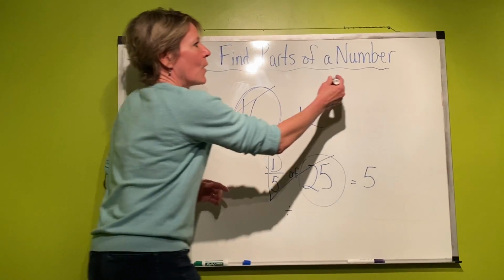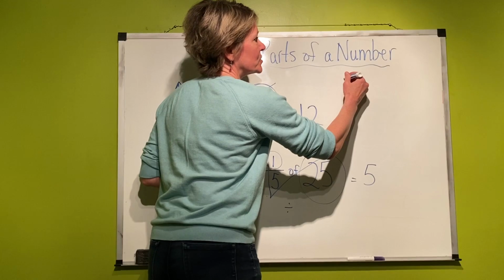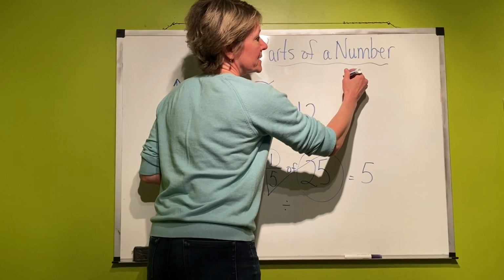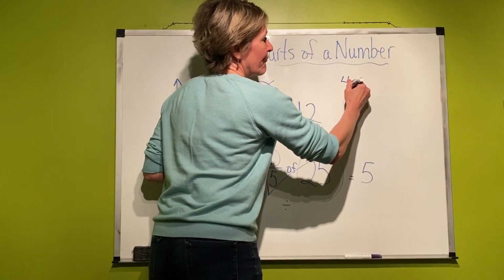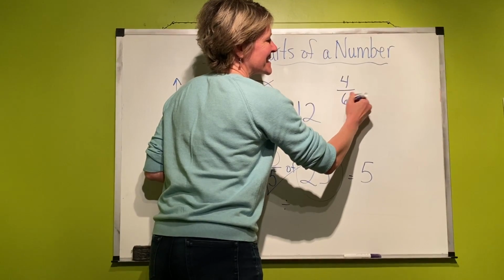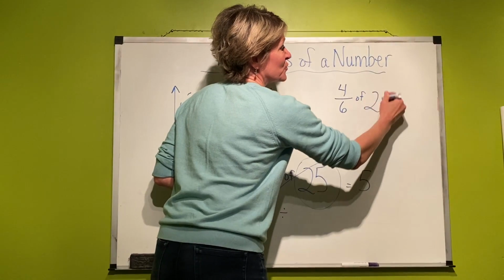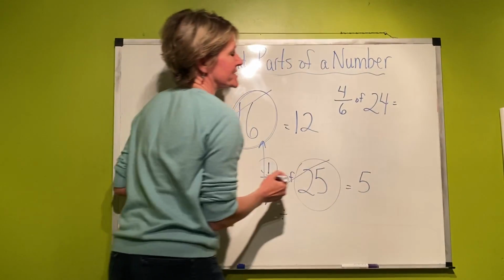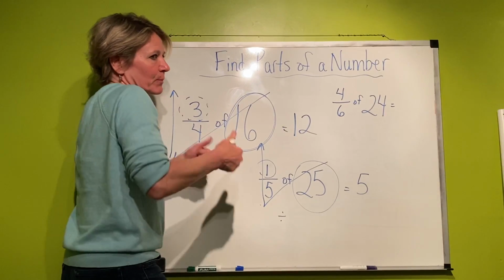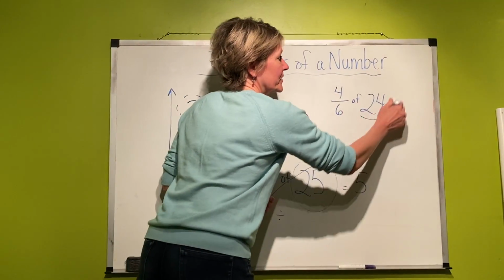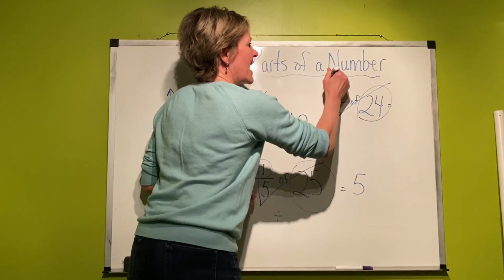Let's do a couple more. What if you wanted to know what 4/6, this is a weird one. You probably wouldn't see this one. 4/6 of 24. That's actually kind of a dumb problem, but let's do it anyway because the numbers are bigger. Start with your star and zigzag.